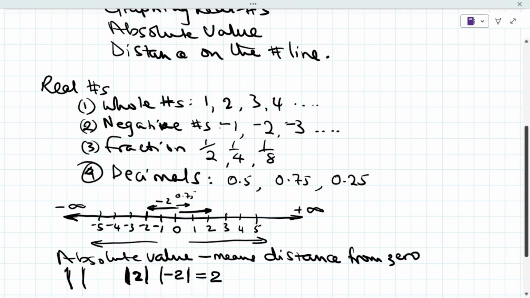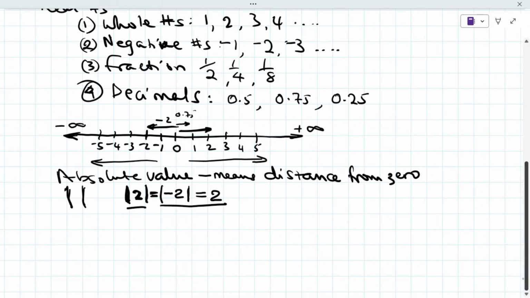So that's really very important. -2 absolute value gives us 2, and also 2 gives us 2 as the absolute value. So these two are equal. That's really very important to note.